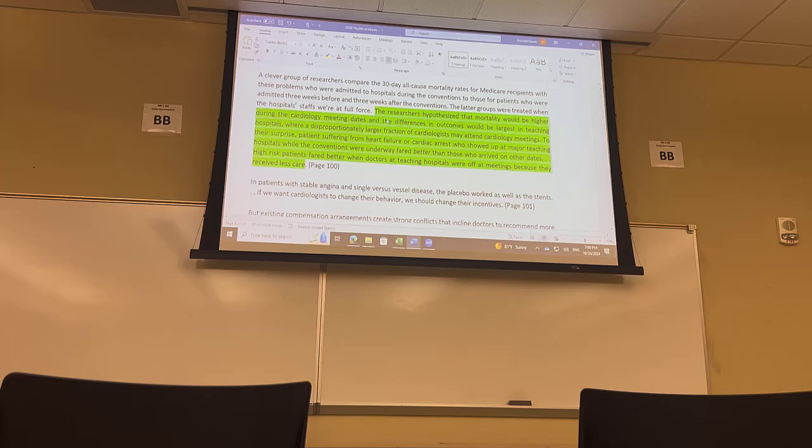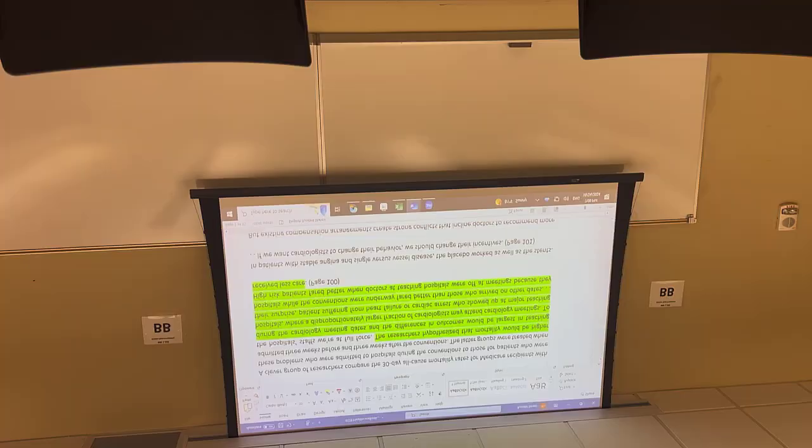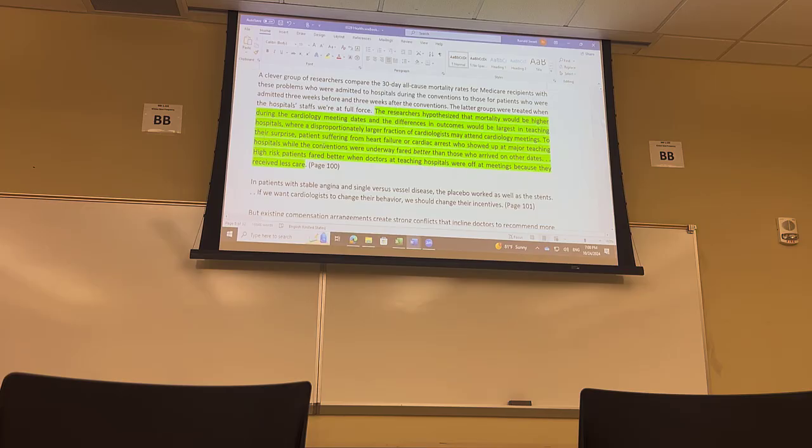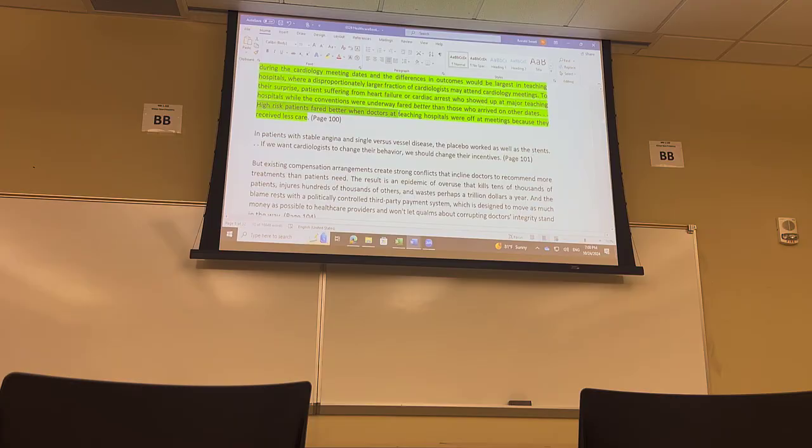So they hypothesized that mortality and bad outcomes would go up during the conference, and that differences would be largest in the teaching hospitals, where a disproportionately larger fraction of cardiologists may attend. To their surprise, patients suffering from heart failure or cardiac arrest who showed up at the major teaching hospitals during conventions fared better than those who came when the good doctors were there. And high-risk patients fared even better. I don't know what that tells you, but kind of scary.